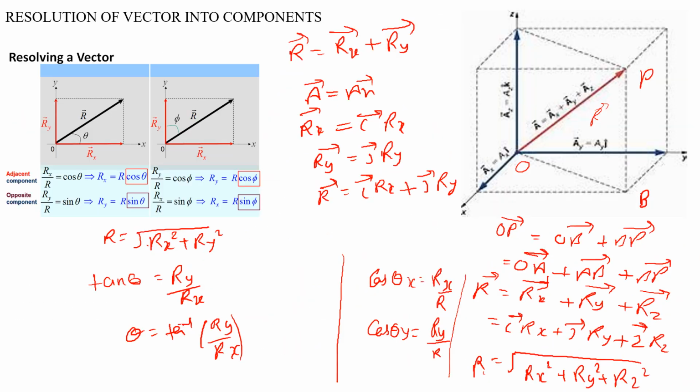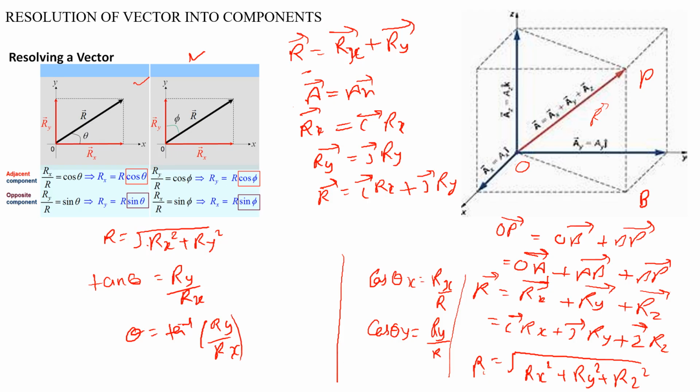Now we discuss the topic of resolution of a vector into components. Firstly we consider a vector r vector in the xy plane as shown in the figure. If we draw orthogonal vectors rx vector and ry vector along x and y axis respectively, then by law of vector addition r vector is equal to rx vector plus ry vector.